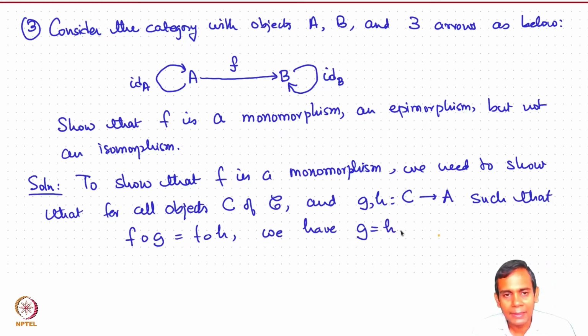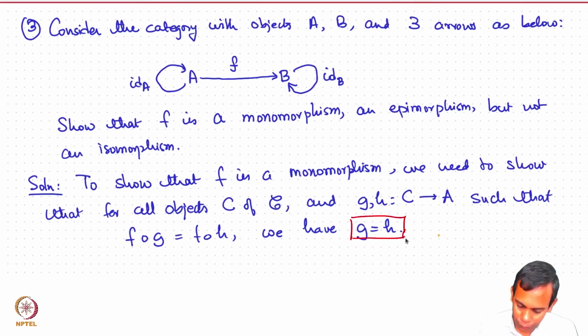But in this category, there is only one morphism between any two objects. There's only one morphism from A to A, there's only one morphism from B to B, there's only one morphism from A to B, and actually there are no morphisms from B to A. So there's at most one morphism between any two objects. And so this conclusion here is trivially satisfied. So no matter what kind of composition you have, since there's only one morphism from any object C to A, G equal to H is vacuously true.